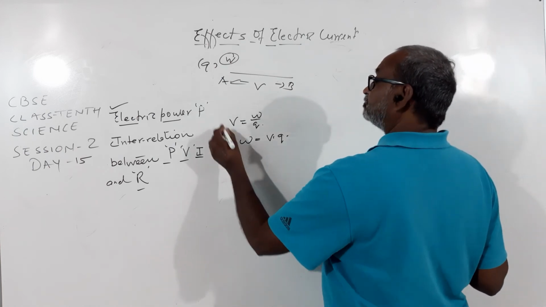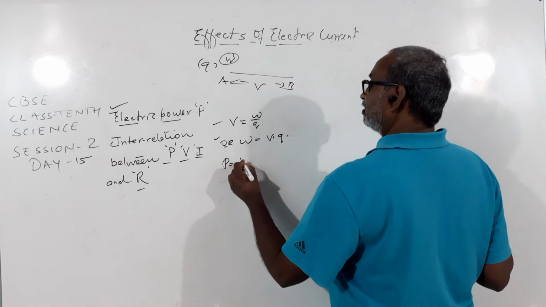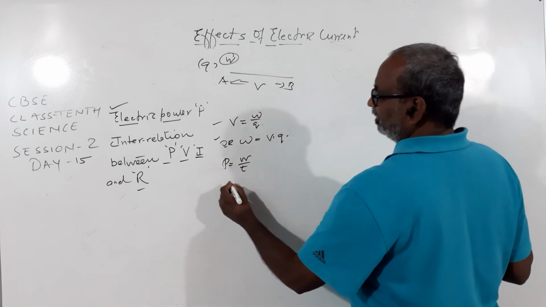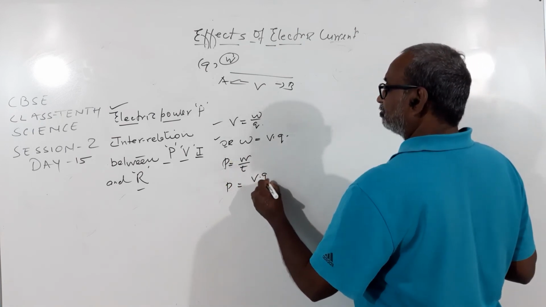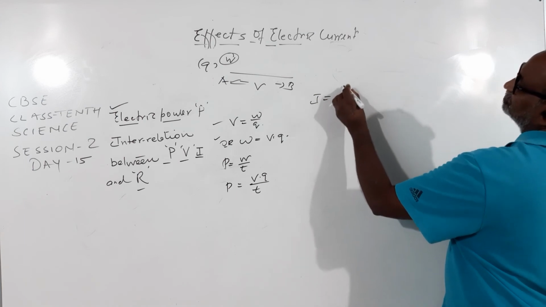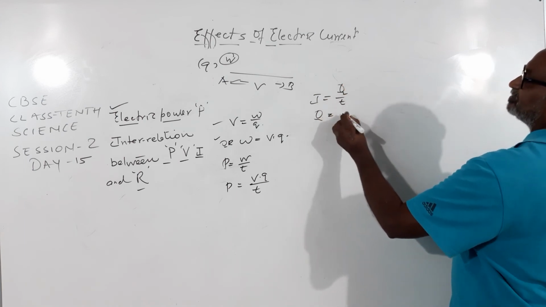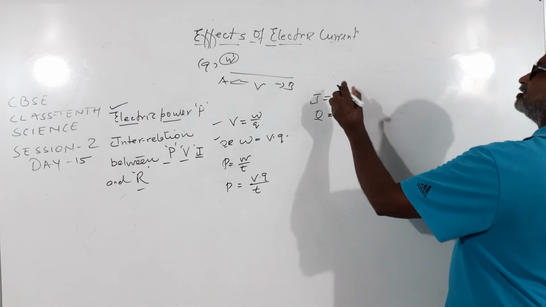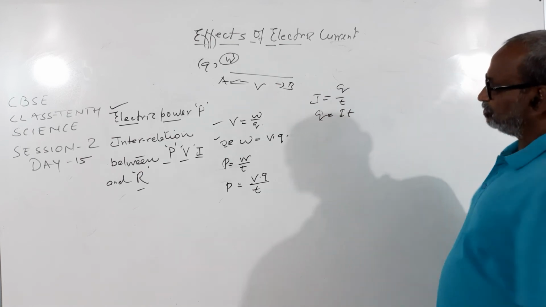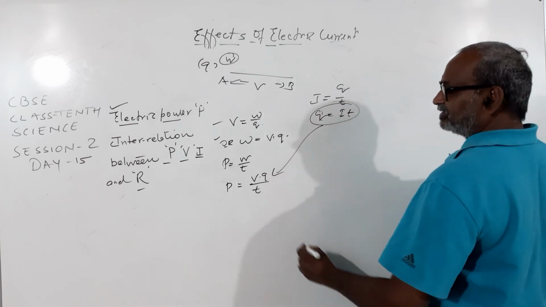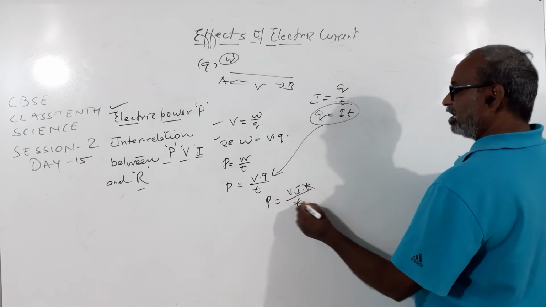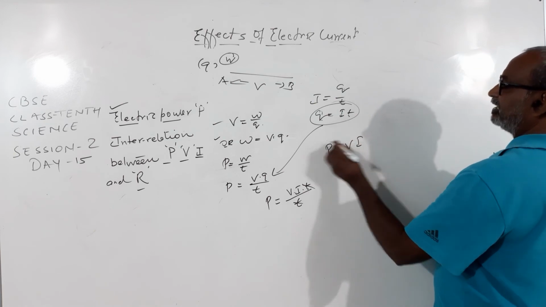Now we have seen that P is equal to W over T. Substituting this value in this relation, we have P is equal to V into Q over T. Now recall, I is equal to Q over T, or Q is equal to I into T. So substituting this value in this relation we have P is equal to V into I into T over T, or P is equal to VI.